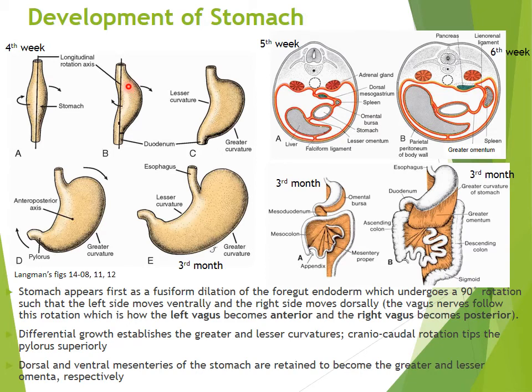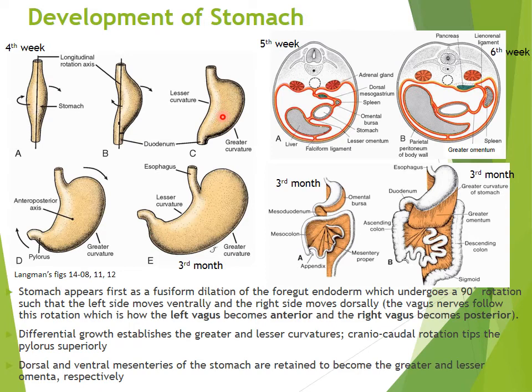So the lesser curvature is towards the right, and the dorsal surface moves to the left because of this 90-degree clockwise rotation along the longitudinal axis. Now one more thing: the original left side of the body now becomes the ventral surface, and the original right side becomes the dorsal surface.